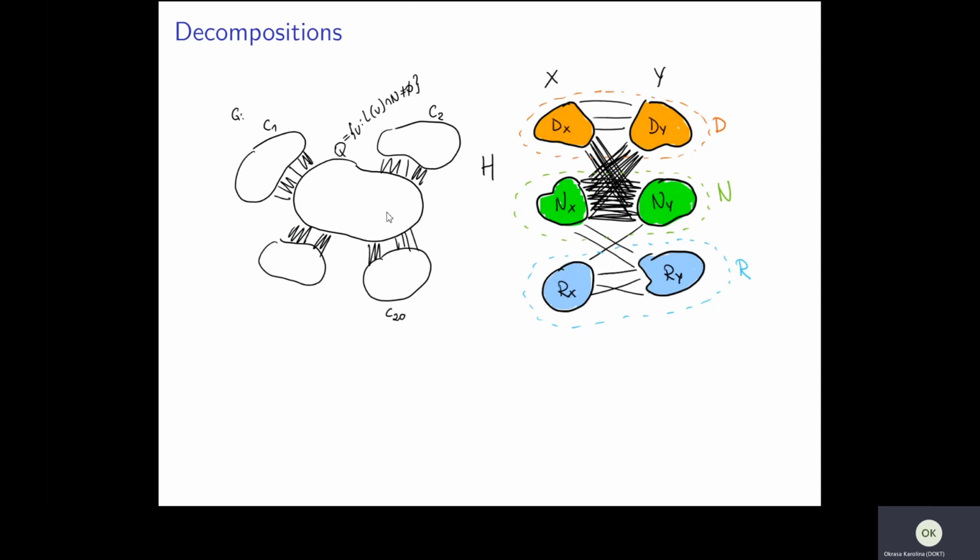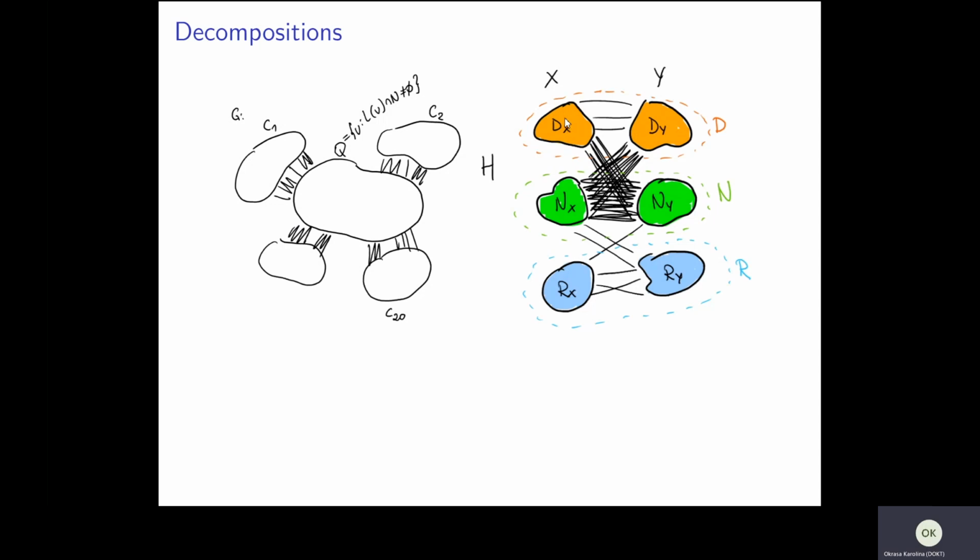So let Q be the set of those vertices whose lists have non-empty intersection with the set N. And let C1, C2, up to Ck be the connected components of G minus Q. Clearly, the lists of those vertices don't contain N, and the lists of the vertices of Q don't contain the vertices from D, right?